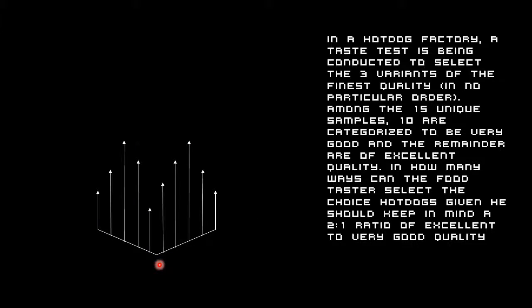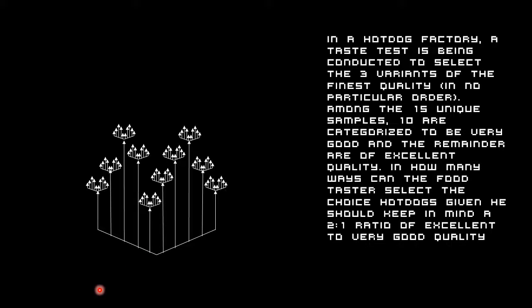And then for each branch, we should also continue to choose 1 from the 10 variants of very good. So if we have 5 combination 2 ways of selecting 2 variants from the 5 excellent variants, then for each way we also have to choose 1 from 10. We'll know the answer by multiplying 5 combination 2 and 10 combination 1.